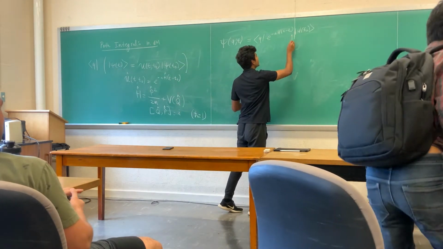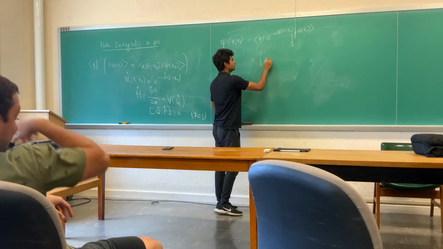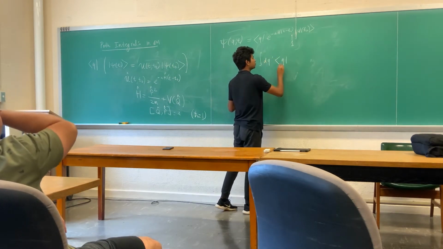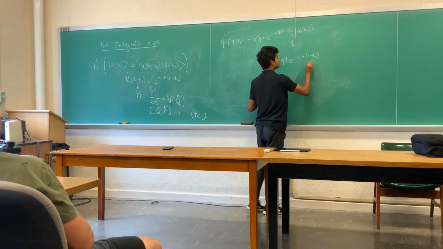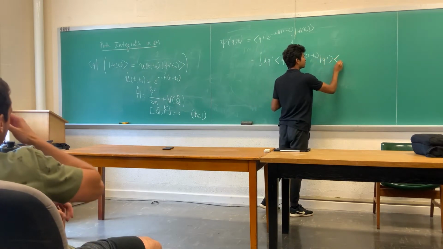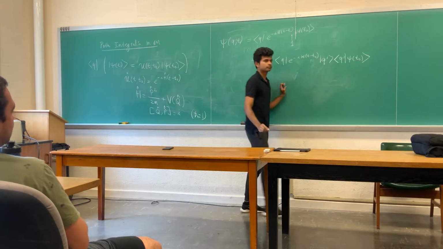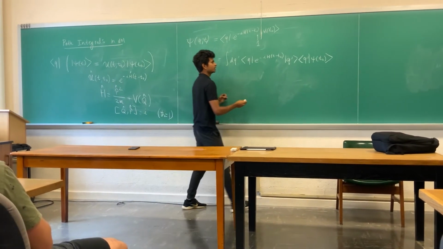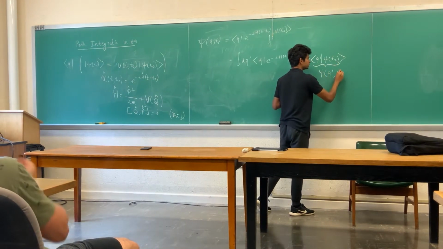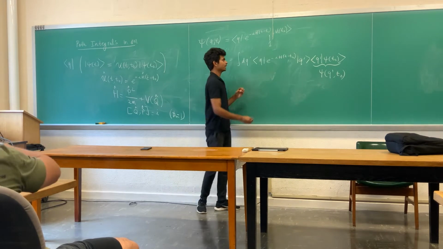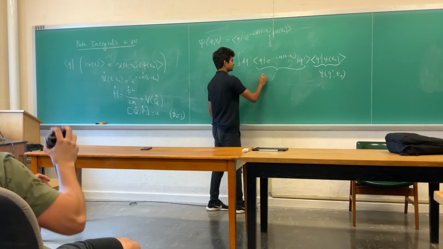I'm going to insert an identity here, which is nothing but the integral of dq prime, |q prime><q prime|. Now this thing I can call psi of q prime at t naught, the wave function, and this thing is called the propagator. Let's denote it by A.